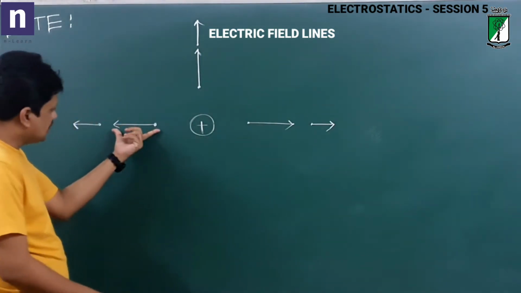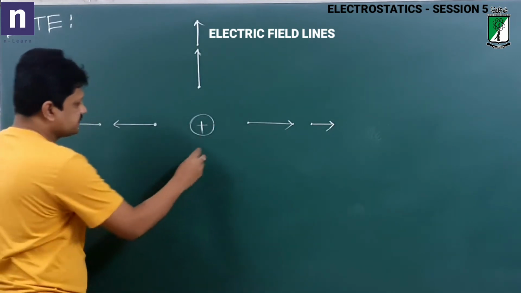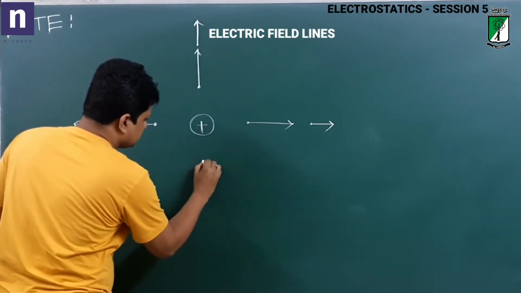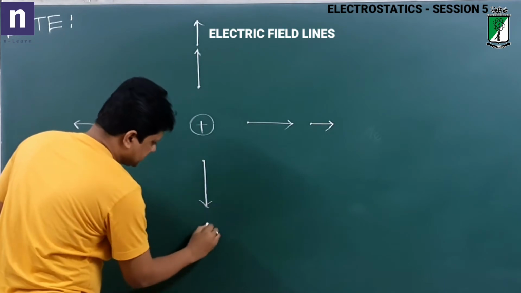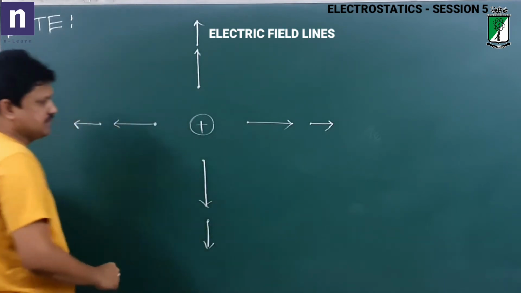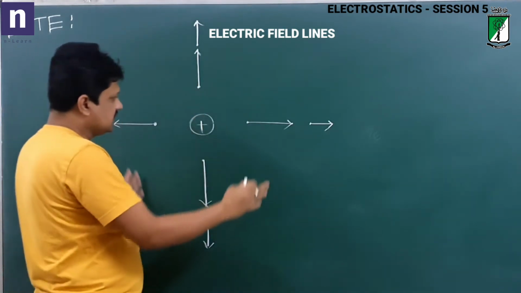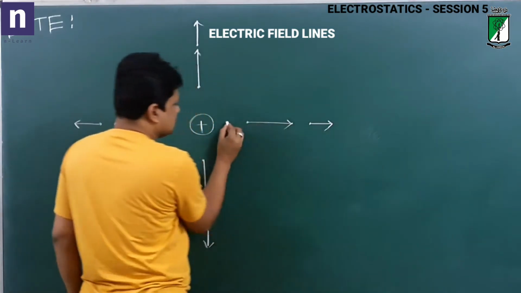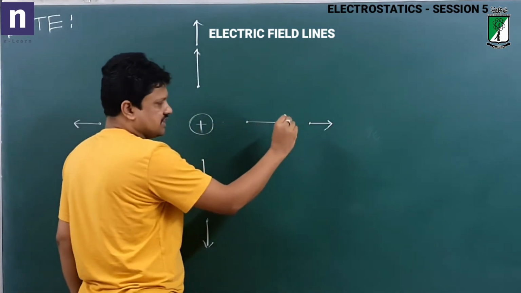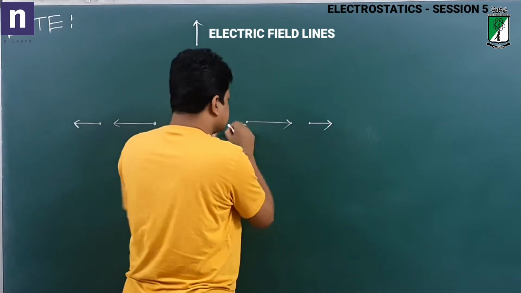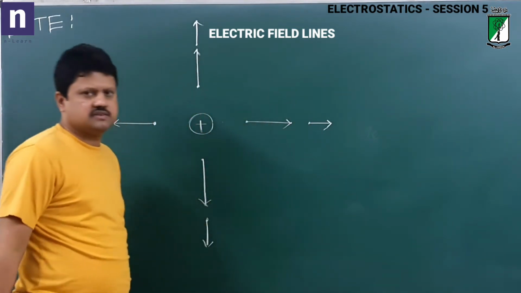So the vector is longer when you are closer to the charge, and it is shorter when you are away from the charge. If I draw one more vector here, I have to take a longer vector. Any unit charge, if you place it at any point, will show the direction of the force acting on it.